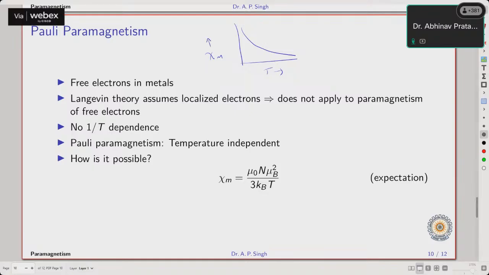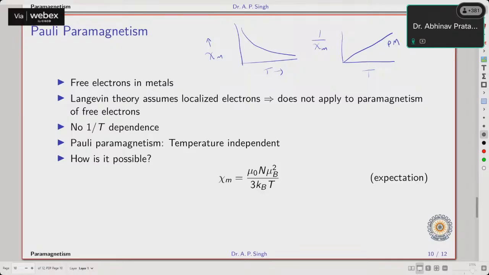And if you remember in the previous class, I told you that if the intercept of 1 over chi m versus temperature is passing through the origin, then we call that paramagnetic material, which is basically the same as Curie's law. So that is what we generally expect.